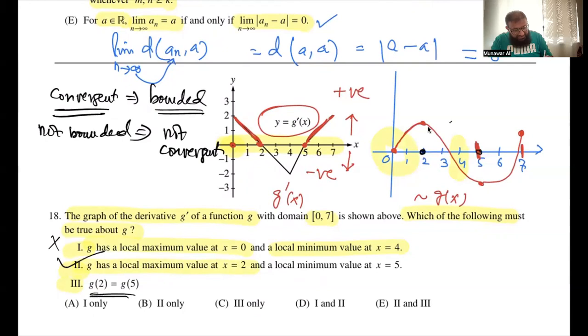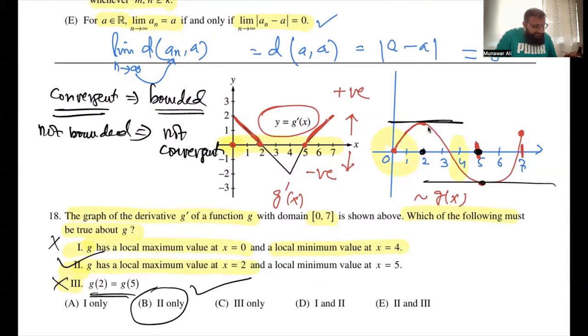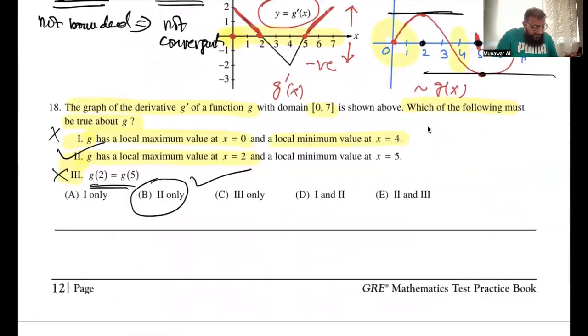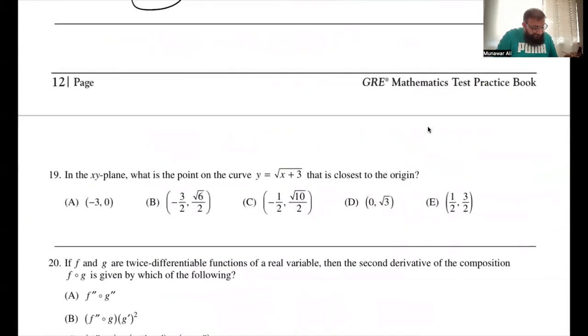Since g of 2 is some sort of maximum and g of 5 is some sort of minimum, how can they be equal? No. So only statement 2 is true. So it's B. We are done. Okay, let's move ahead.